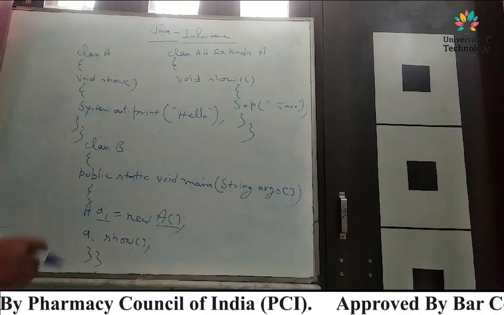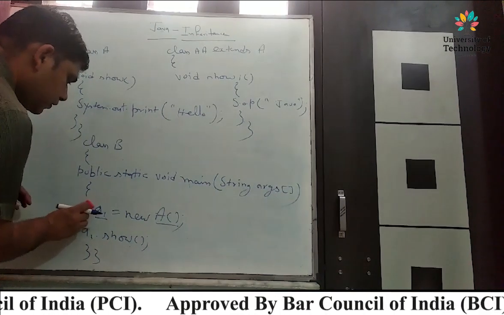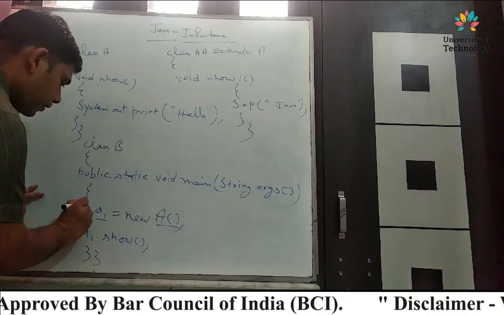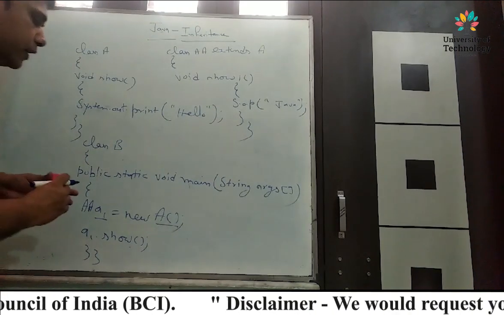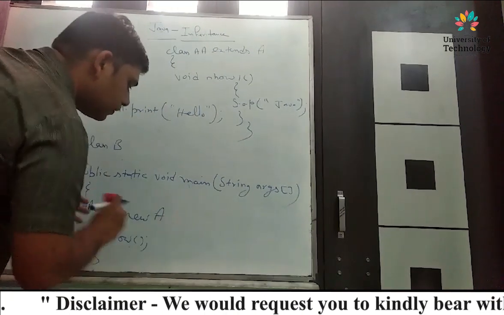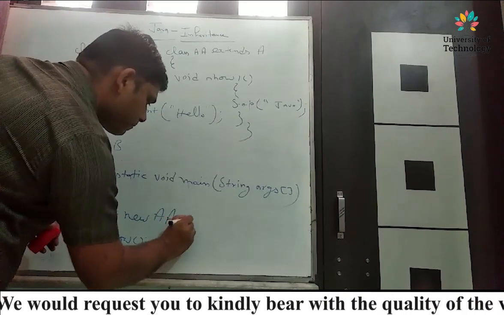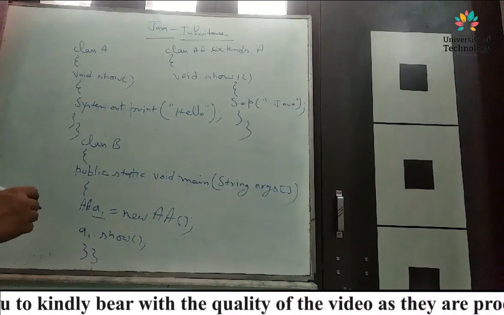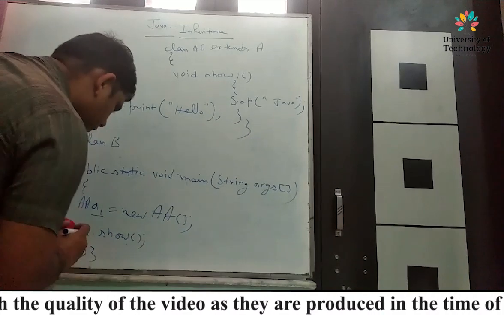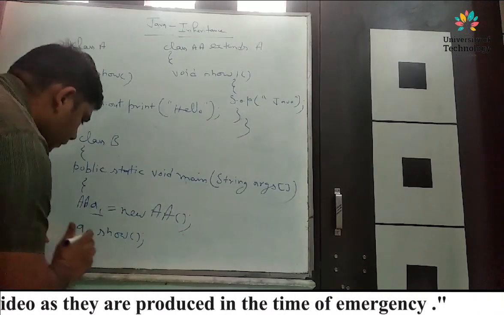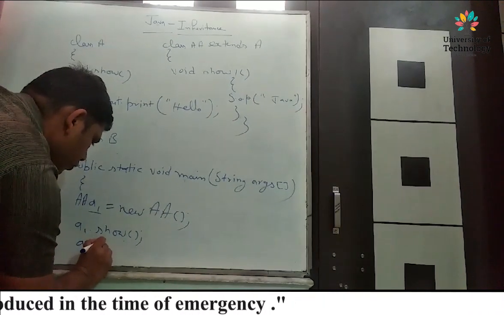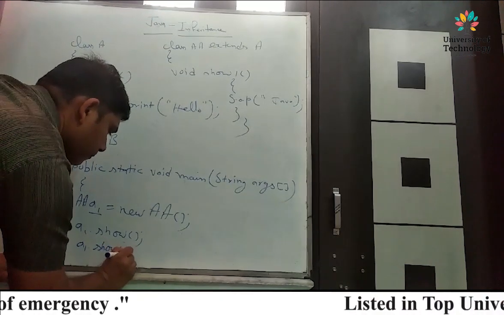Now I need an object of class AA: a1 equal to new AA. Then a1.show and a1.show1.